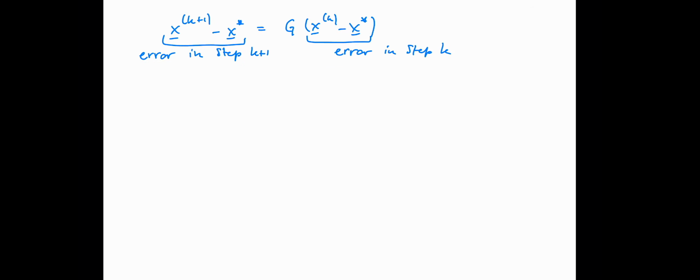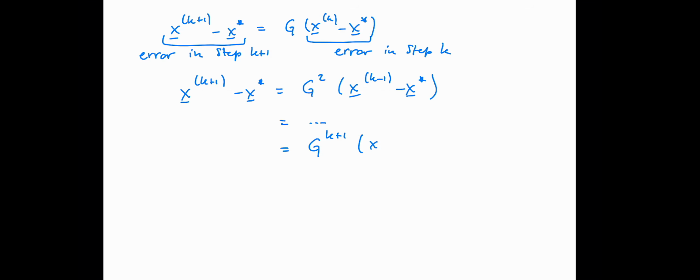Okay, so if you repeat this one more time, then you see that x k plus 1 minus x star is g squared times x k minus 1 minus x star. And you can go all the way back to the initial error, and then you get here g to the power k plus 1, and then we have x 0 minus x star.